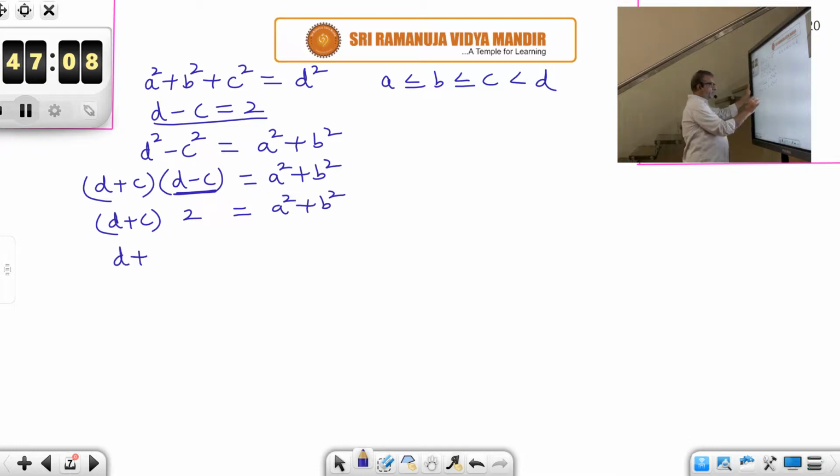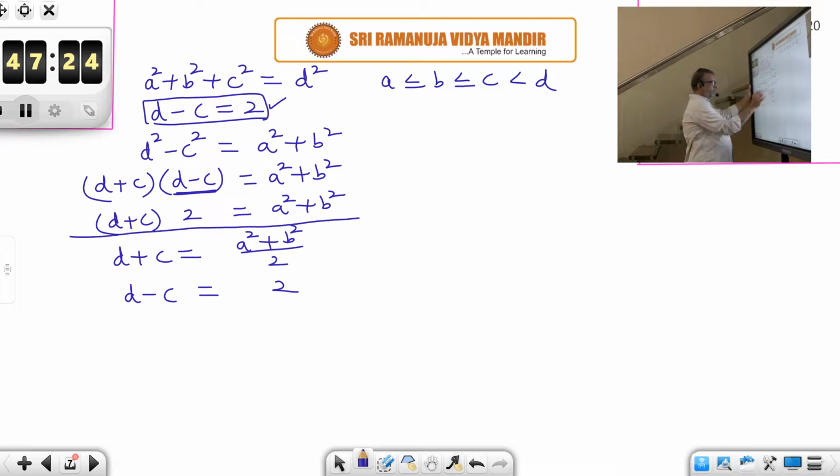2 I will take to the other side. So d plus c is equal to what? (a square plus b square) by 2. d minus c is 2; we have seen the difference is 2.